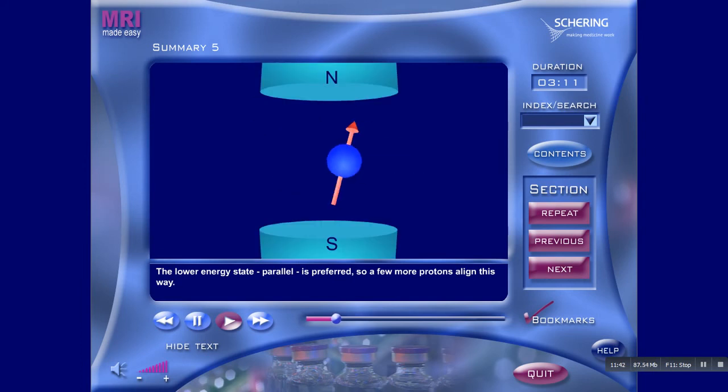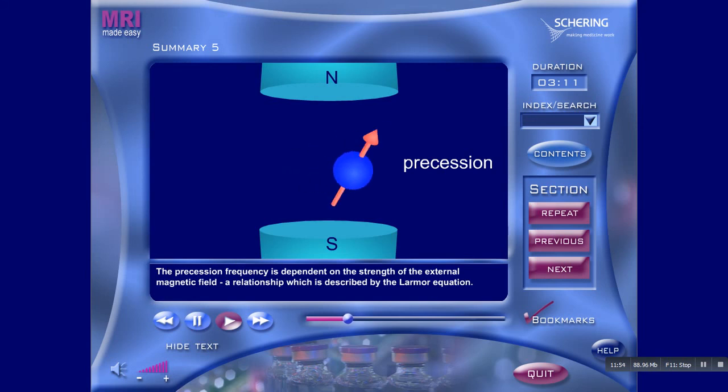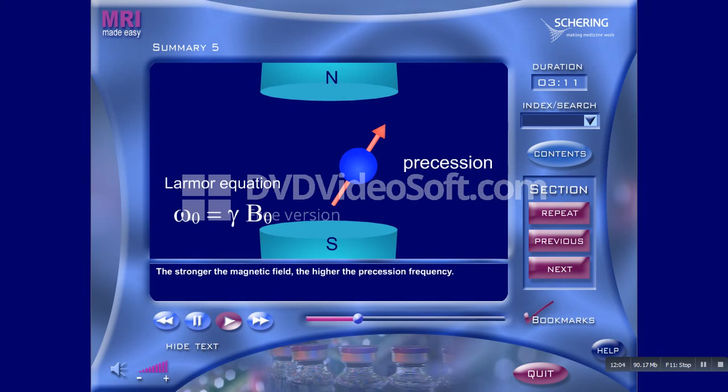The protons perform a motion that resembles the wobbling of a spinning top. This motion is called precession. The precession frequency is dependent on the strength of the external magnetic field, a relationship which is described by the Larmor equation. The stronger the magnetic field, the higher the precession frequency.